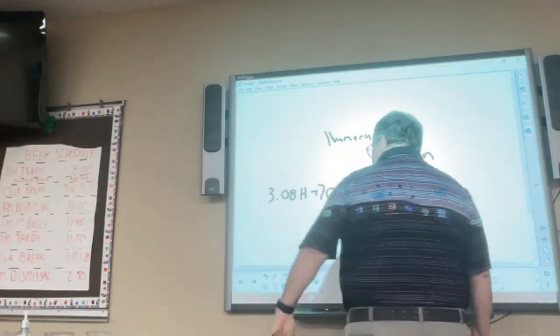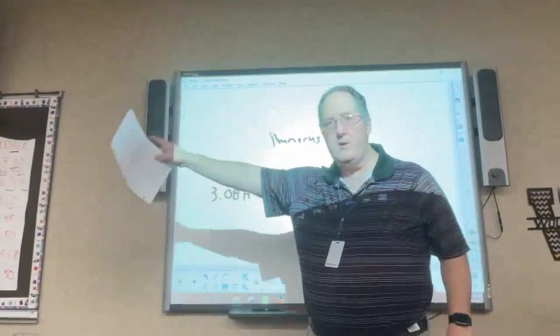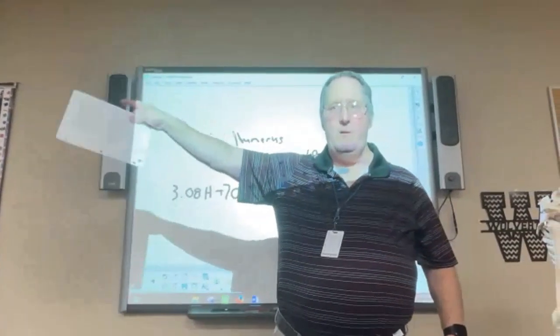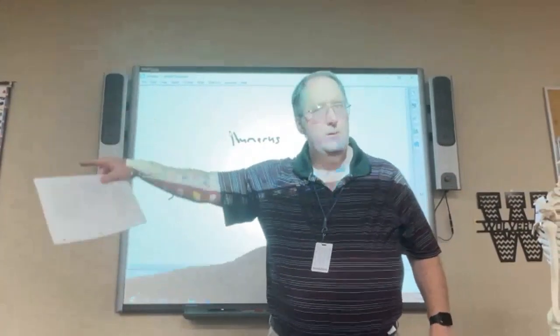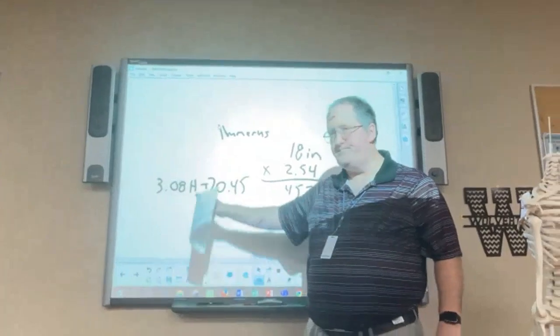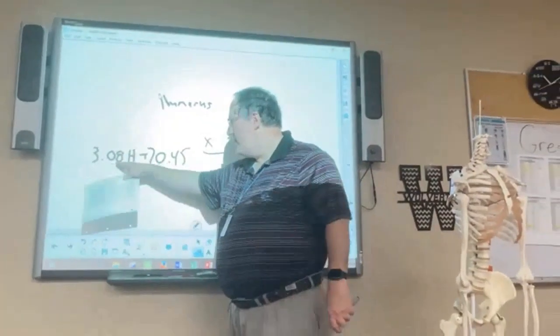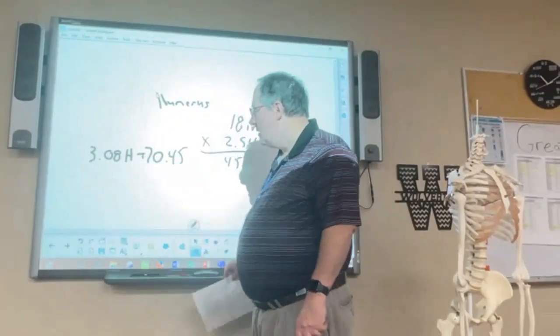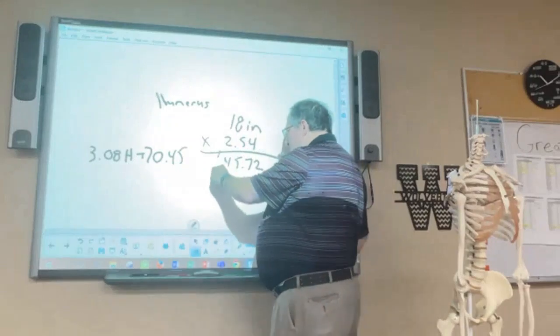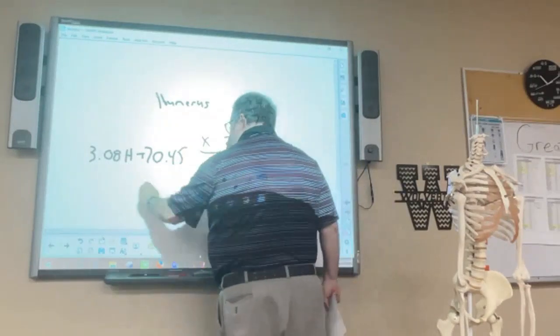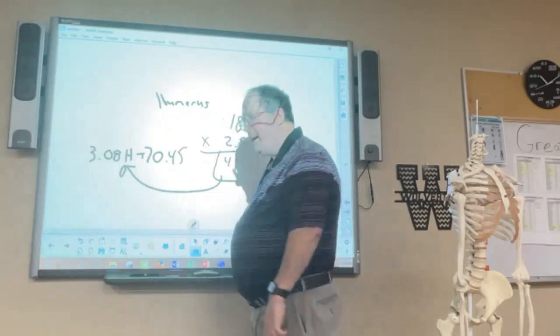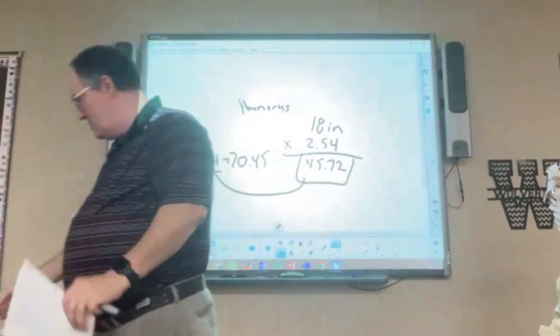If you've ever had algebra, you've heard the term slope intercept form. It's an algebra formula, slope intercept form, mx plus b. So what you're gonna do is take your centimeters, plug it into h, and multiply it out.